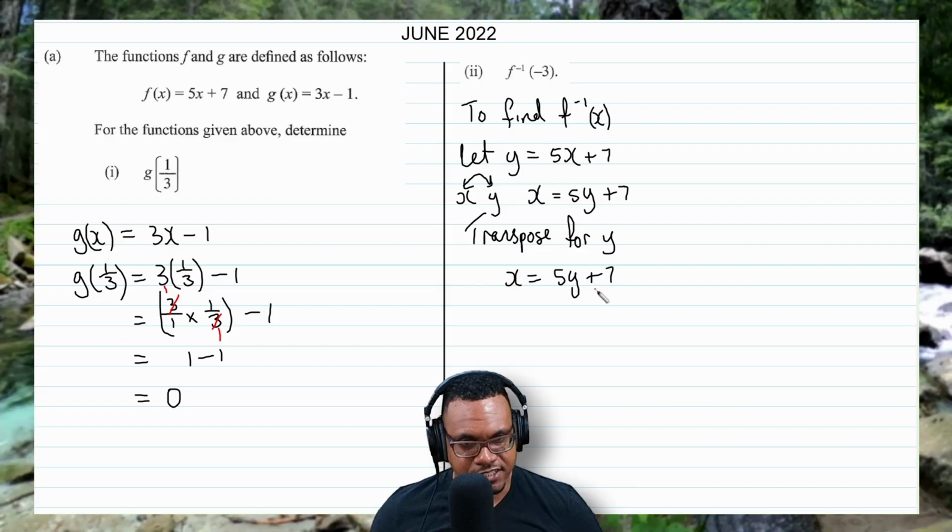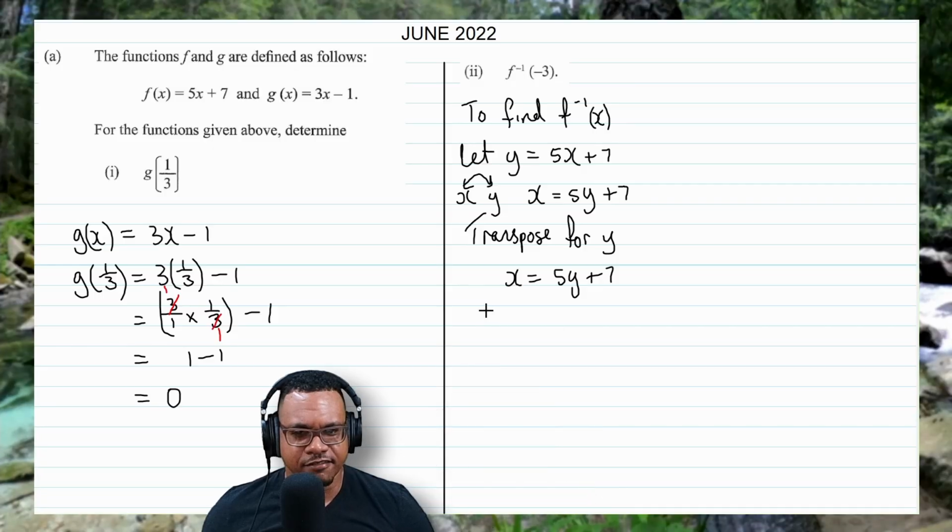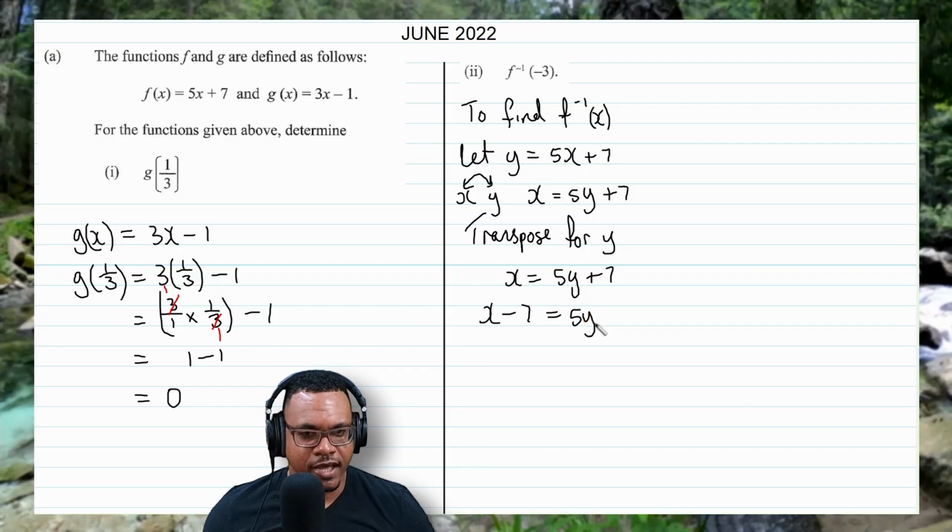So the first thing I could transfer across is this positive 7, and when I transfer it across, it will turn to negative 7. So I'll have x here that's already on the left-hand side, and I'll bring across the positive 7, I'll turn to negative 7. And then the 5y remains on the right-hand side. And now we have this 5 multiplied by y. So when I transfer the 5 across the equal sign, the opposite of multiplication will take place, and I'll get x take away 7 divided by 5.